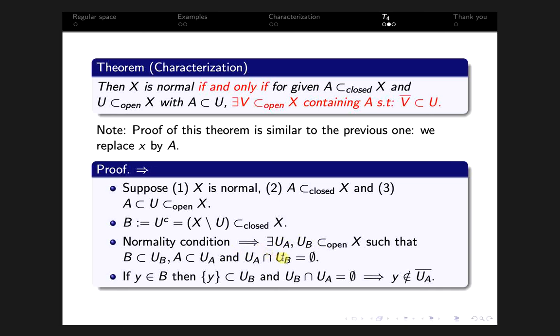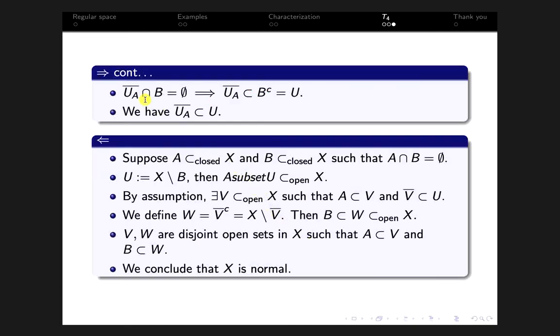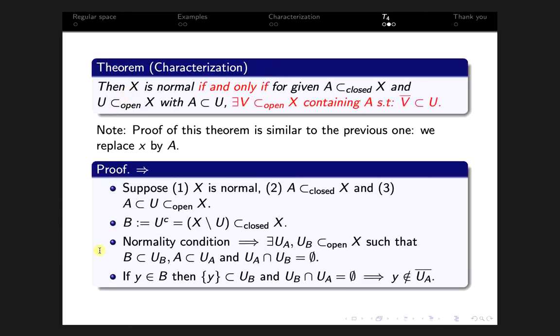Now, as before, we have UA closure that is disjoint from B. Basically, by a similar argument, if y is in B, then the singleton set is contained in UB, because UB contains B and y is in B, so y is in UB also. Therefore UB is an open neighborhood of y that is disjoint from A, that is UB intersection UA equals the empty set.